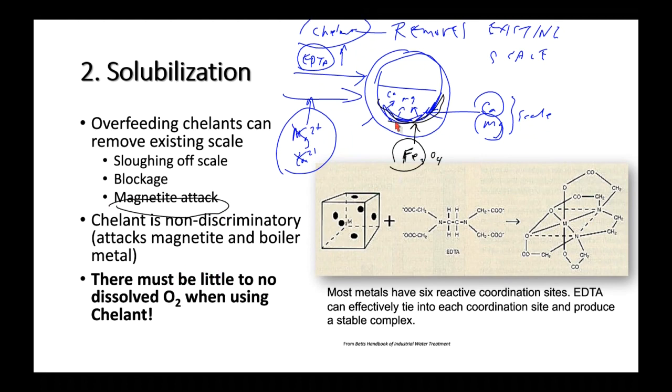So the other thing is, if I am exposing bare metal and maybe I'm eating away at magnetite, if there's any dissolved oxygen in the boiler, any of it, it will kill my boiler in a short period of time. O2 becomes extremely aggressive to boiler metal at the high temperature that exists, and if there is no protective magnetite.